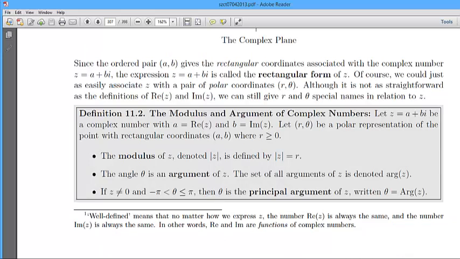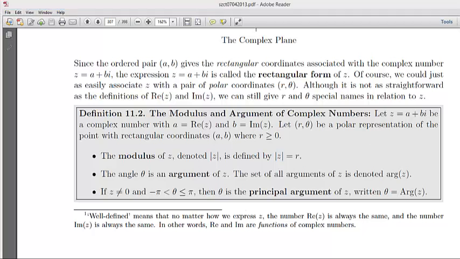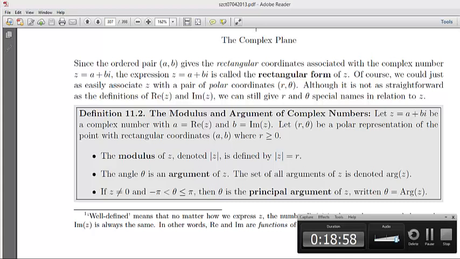So the argument is going to be the angle theta. Actually, what angle do you think I'm talking about? Let's go back to my picture. Well, hold on. There it is.